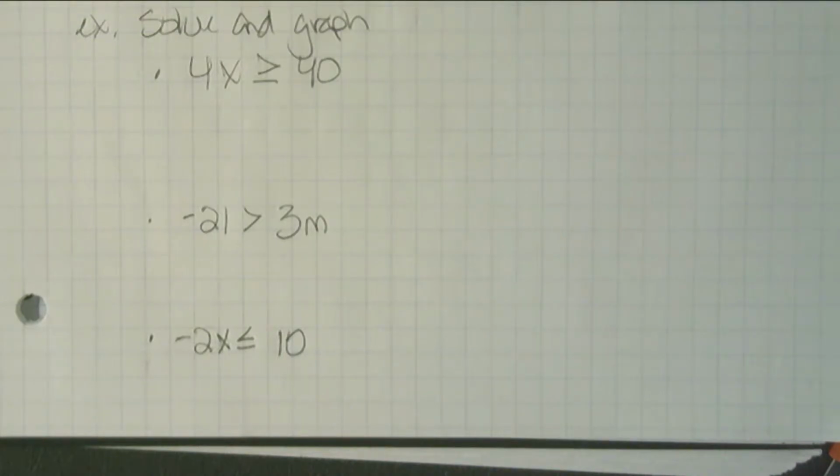Check with someone next to you, see if you got the same thing. Use a ruler when you're graphing, please. Make sure that I can see what the dot looks like.